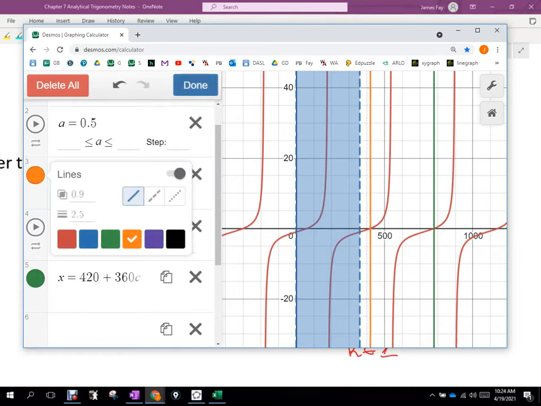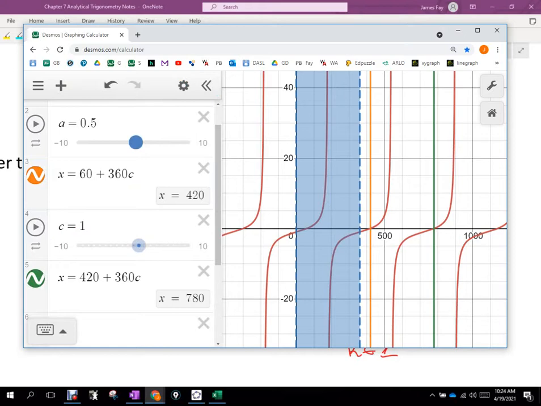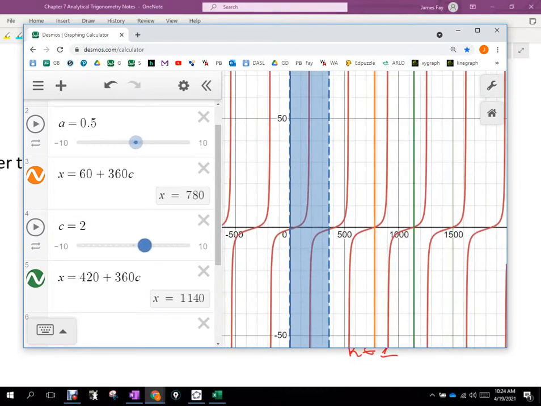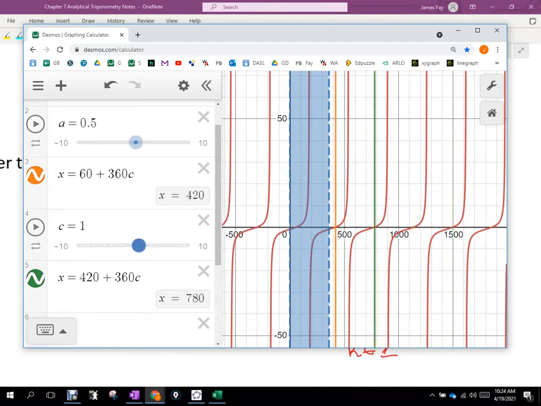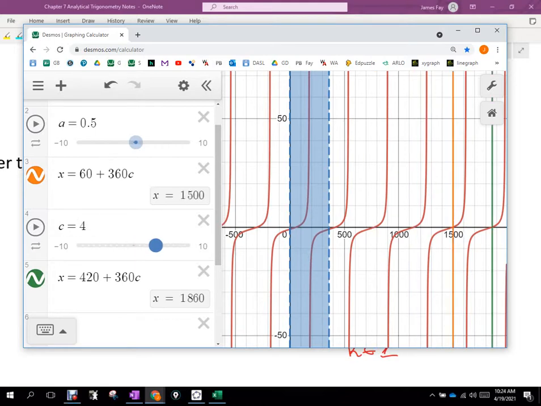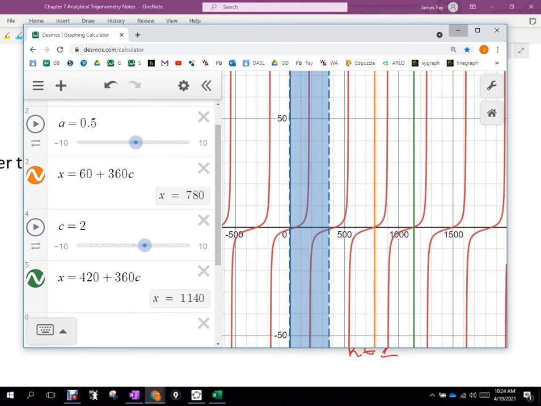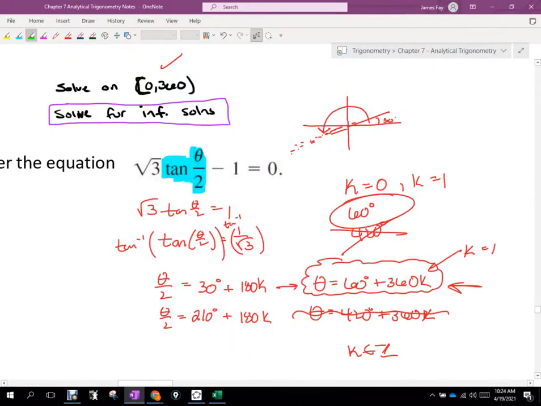If we move C around, the orange line and the green line here start reproducing these same solutions, don't they? You just see that the orange line is one behind the green one all the time, which is fine because there's no set structure or rule that says k has to start at 0 or 1 or whatever. You can start anywhere, it's just got to be an integer. Does that make sense on how to do that one?